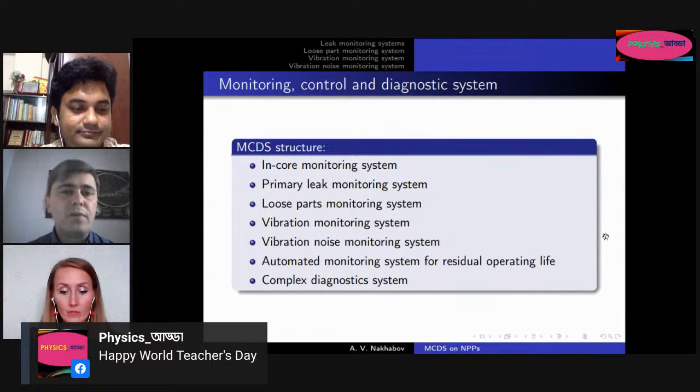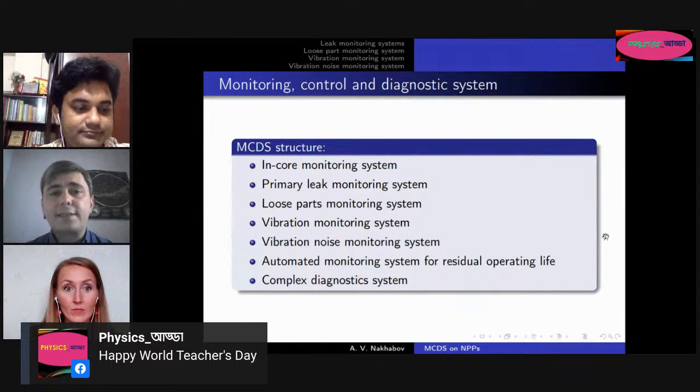All these methods, as usual, should be provided during the outage period. And if we find some defects, we can organize repair in this time as well.